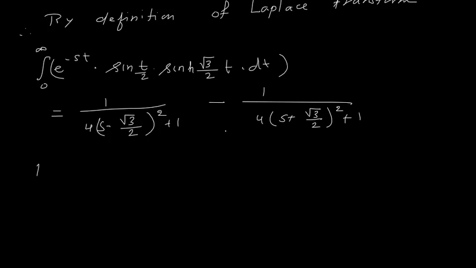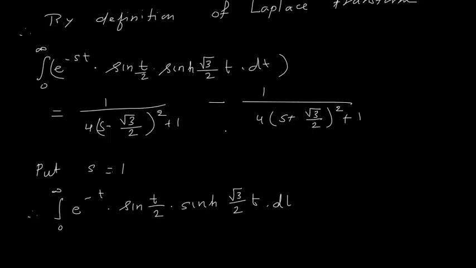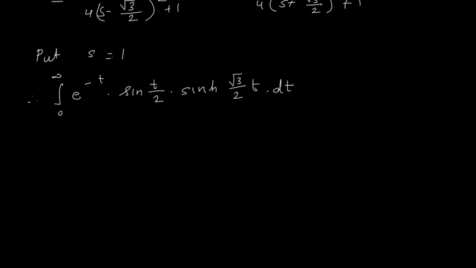Now we will put s equals 1, as per the problem it is e power minus t. Therefore, I get 0 to infinity e power minus t into sin t divided by 2 into sinh root 3 by 2 t into dt equals 1 upon 4.